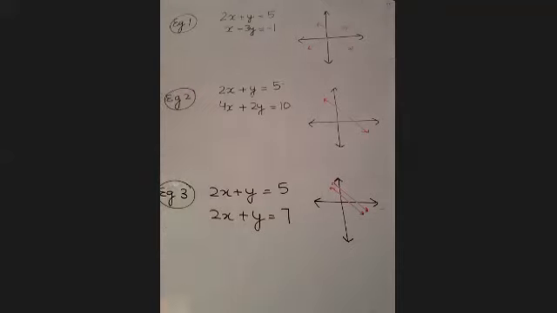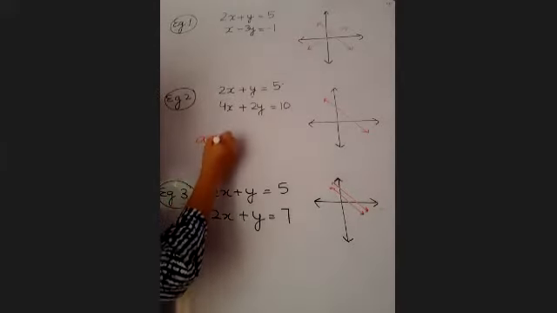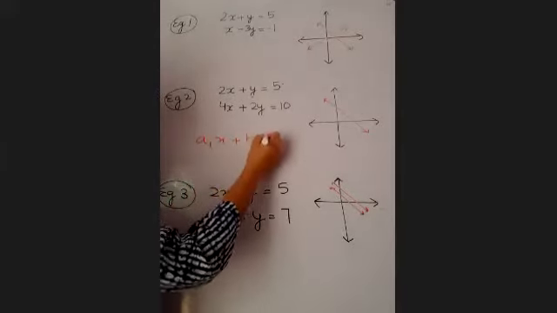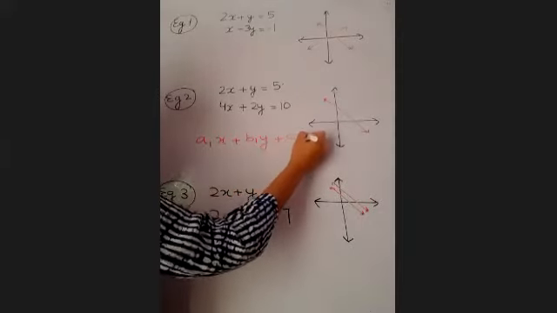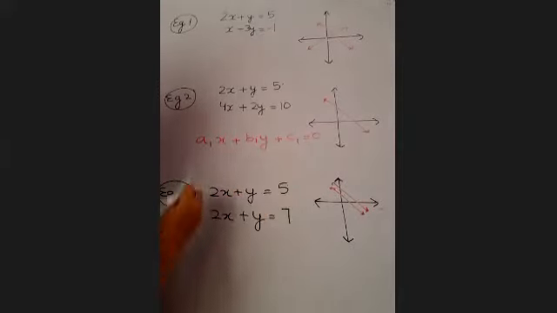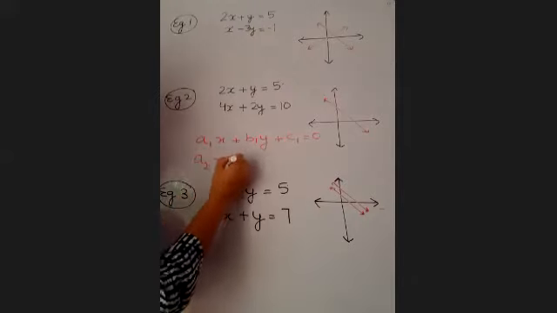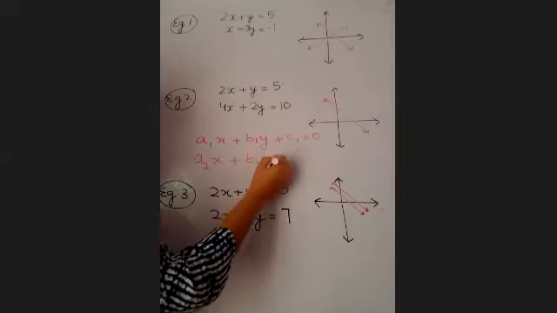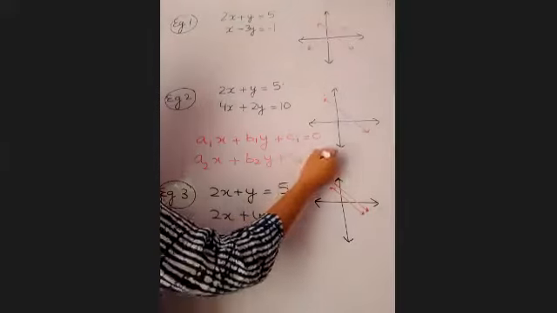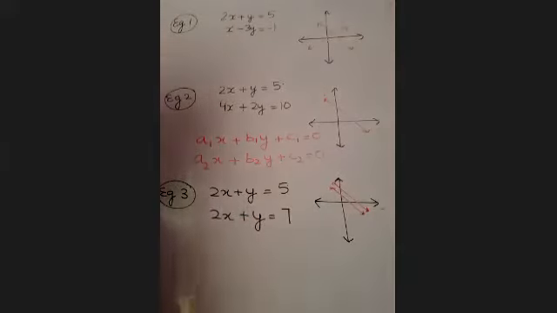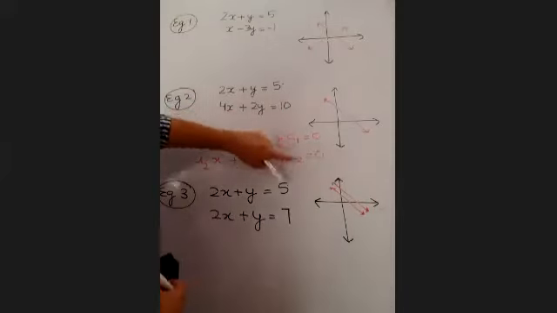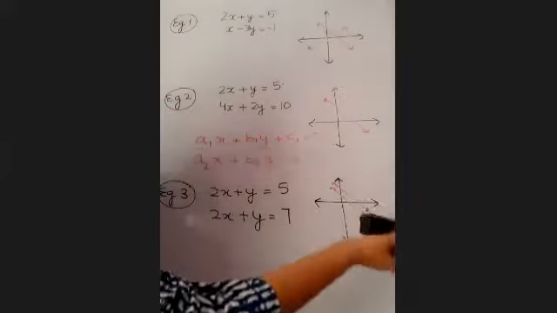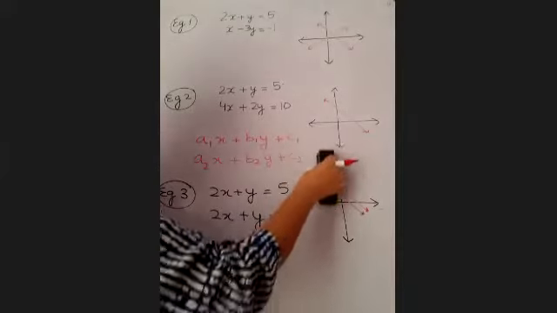Children, we know that the general form of a pair of linear equations is given as a1x + b1y + c1 = 0 and a2x + b2y + c2 = 0. Right? Now, in some cases, you will find that c1, c2 are taken on the RHS, and then the equation is written like this.